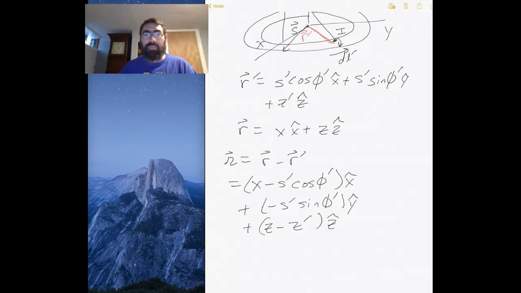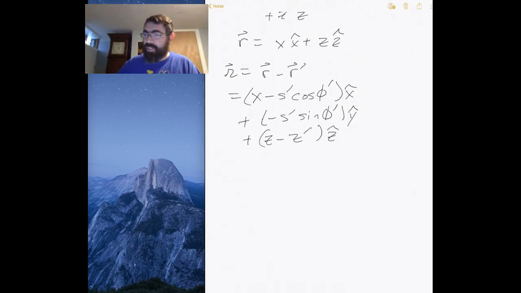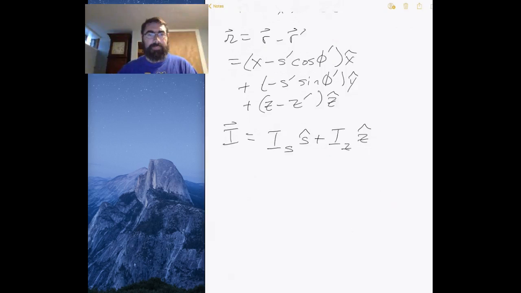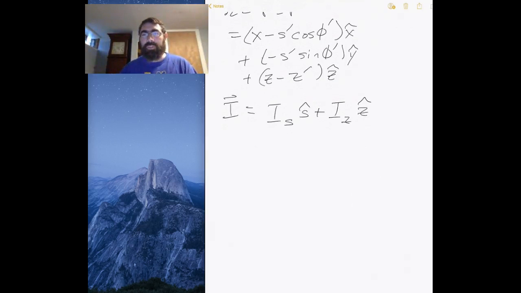And so now if I write down the direction of the current, it is the current in the radial direction, in the s direction, plus the current in the z direction. Or we will probably want to write this out in Cartesian coordinates.